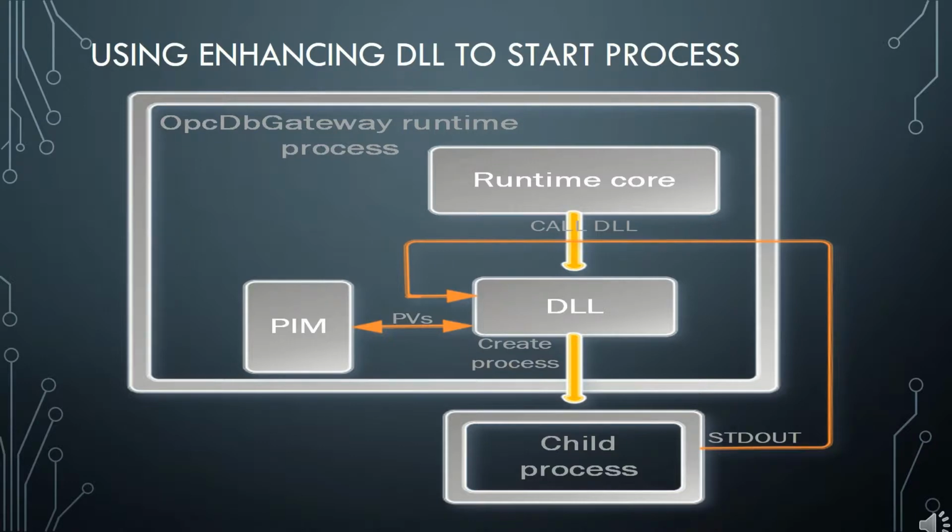The enhancing DLL then provides starting of the external process of the Mosquitto subscribe client. It will continuously receive data from its standard output to process values for further processing.